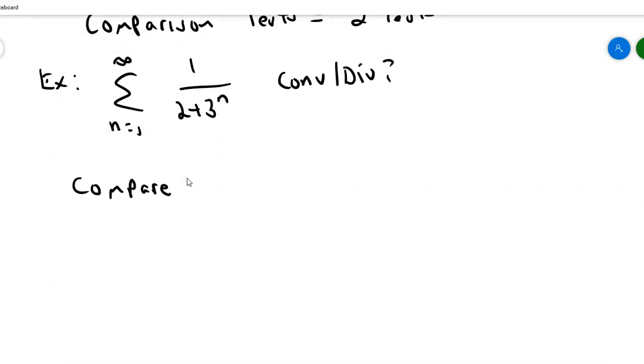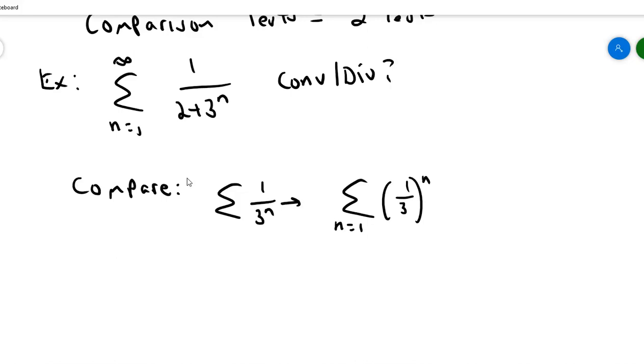How do you decide what to compare it to? Well, you compare it to a much simpler formula that's easy to use. So I'm going to compare it to this. Why? Because I can write it like that, and suddenly it becomes a geometric series. So the first question is, is this a useful comparison? In a couple of cases, you almost have to know where you're going with this. This thing over here is a convergent geometric series, with a ratio less than 1.